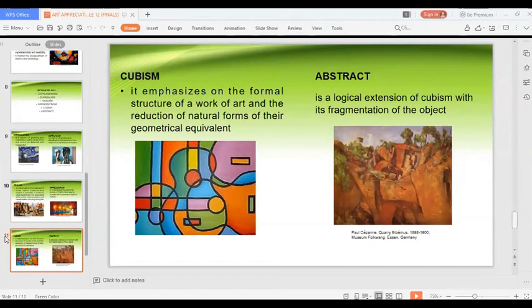Meaning it gives us a new perspective, a new dimension, and the artists here are very skilled in reproducing what they have seen. In other words, the abstract style of art will give us the freedom to what? To explore and give our own meaning to the piece of art. So there's a liberation, rather.